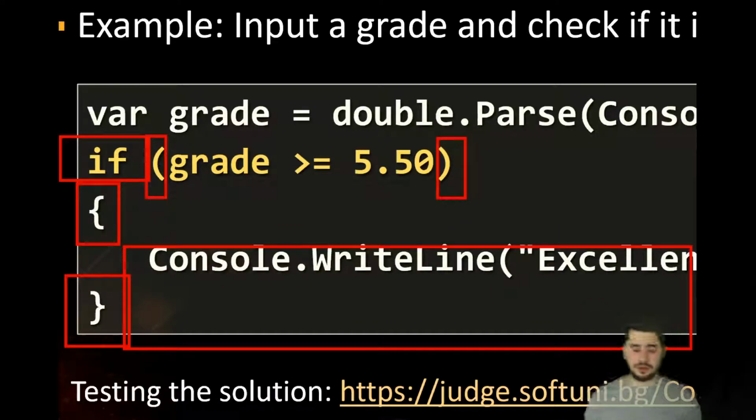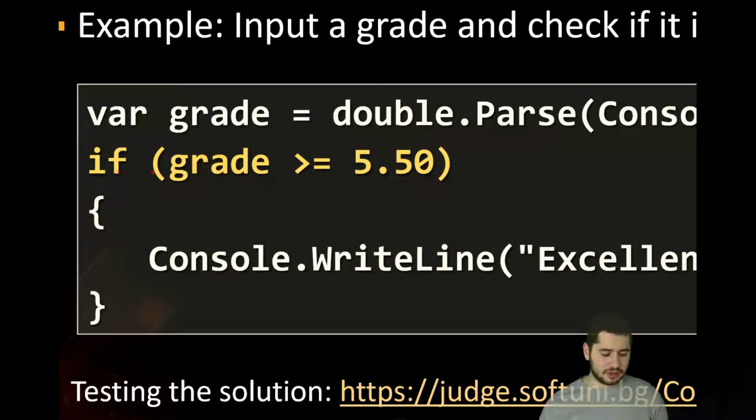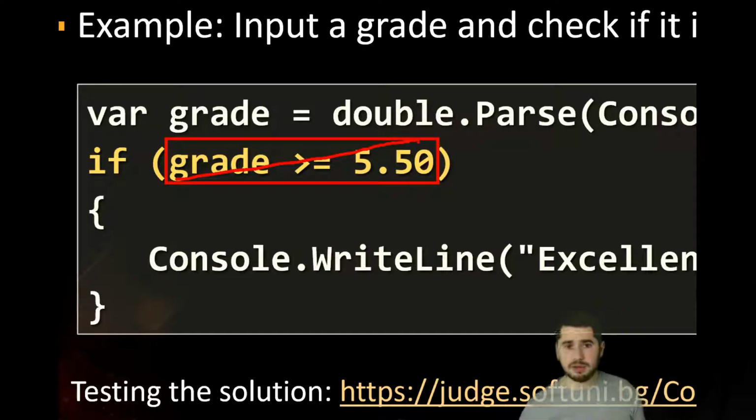What does this do? Well, basically it means, look, I want you to check if this condition is true. What do I mean by condition? Well, it means an operation which returns either true or false. What's such an operation? Well, the operation 5 plus 10 is not a condition because it returns a number. It returns the number 15.